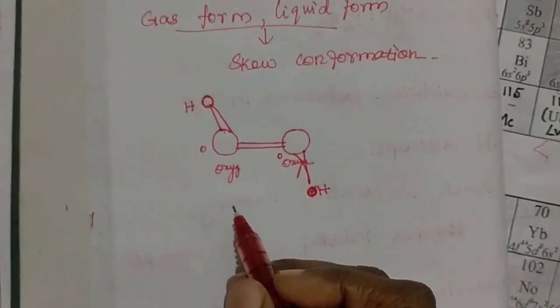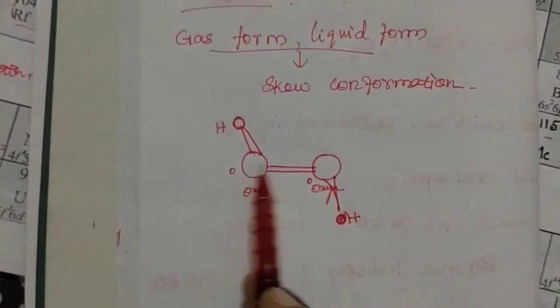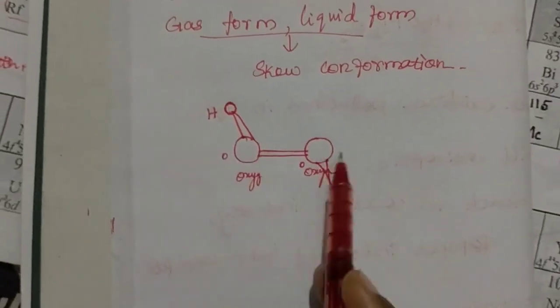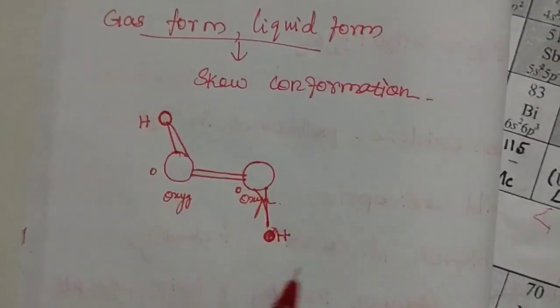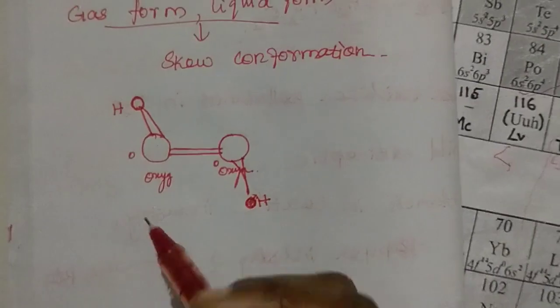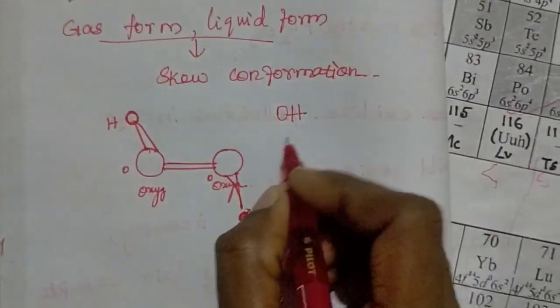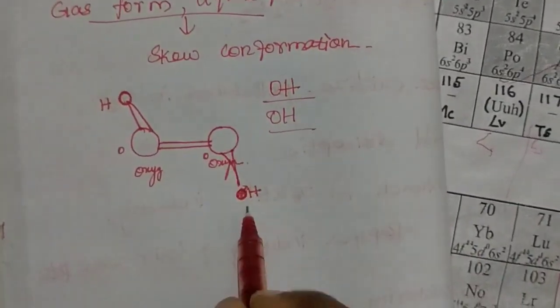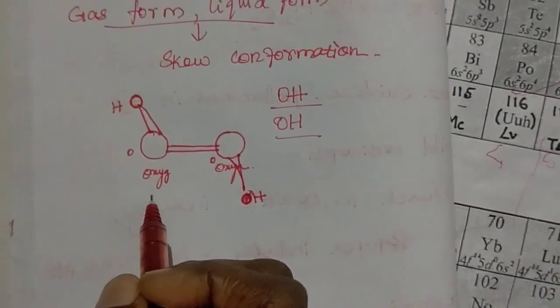This is the skew conformation of hydrogen peroxide, H2O2. Two hydroxyl groups are present in this hydrogen peroxide compound. This is one hydroxyl group. What is a hydroxyl group? OH, another OH. So we have two hydroxyl groups, OH, OH, and they are in skew conformation.